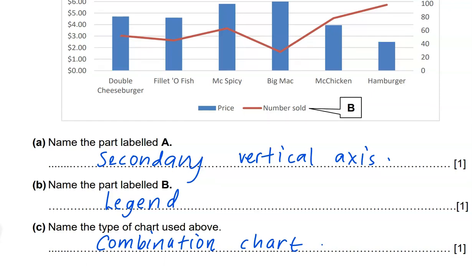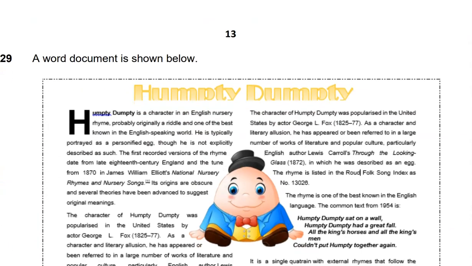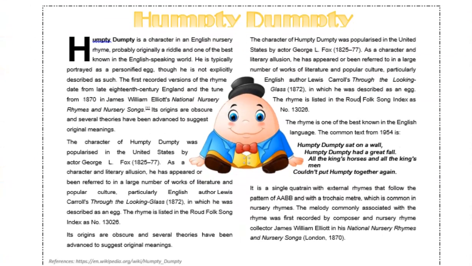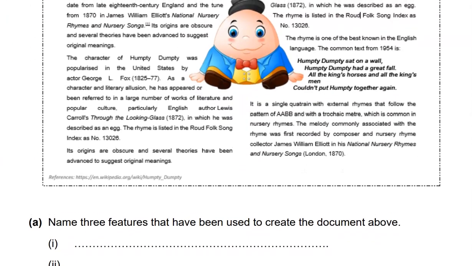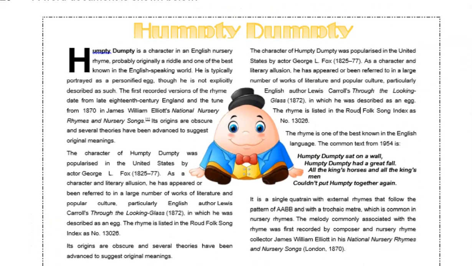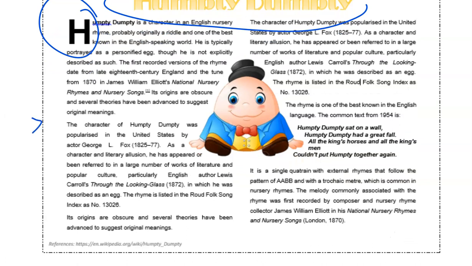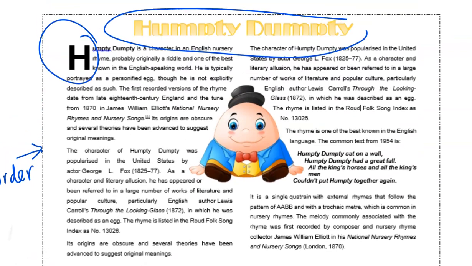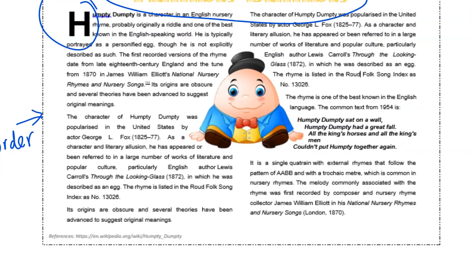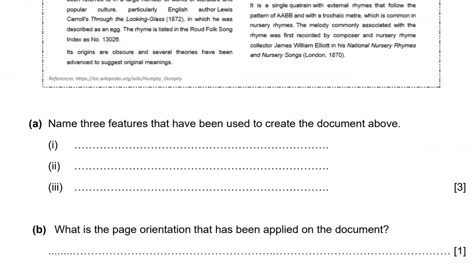Okay, next question, number 29, a Word document is shown below. Name three features that have been used to create the document above. So you can see a drop cap, a word art for the title, there's the borders, page border, okay, and there's the graphics. Okay, so we can name the more prominent ones. So drop cap, word art, then there is the page border.